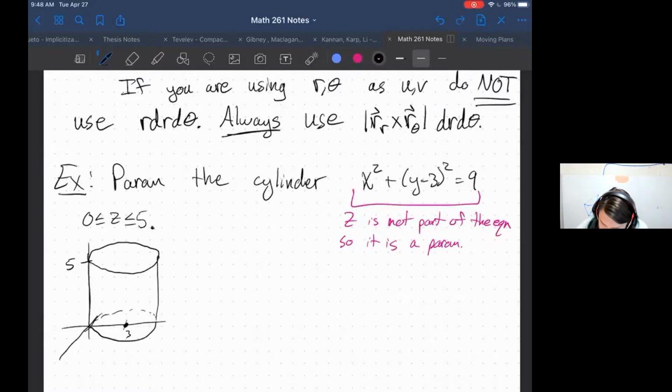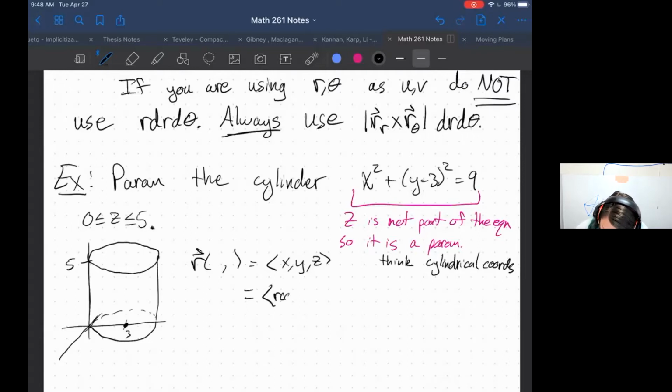So if we're just looking at this, again, we have some sort of r of blank, blank is equal to x, y, z. We have a hunch that z is going to play nicely with this, so we'll keep that along for the ride. But cylindrical coordinates is kind of where our mind should go here. And we can use the equation above to help us out if we wanted to.